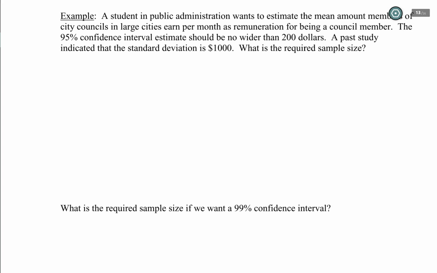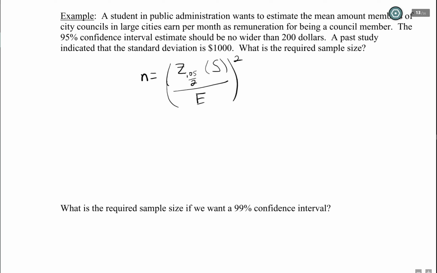All right, another example. A student in public administration. Take a minute, read this. Hit the pause button. So after reading through here, you're going to notice that you're going to use this formula to get the required sample size. Z sub 0.05 over 2 times S. That's an S, not a 5, it's an S. Divided by E, quantity squared.